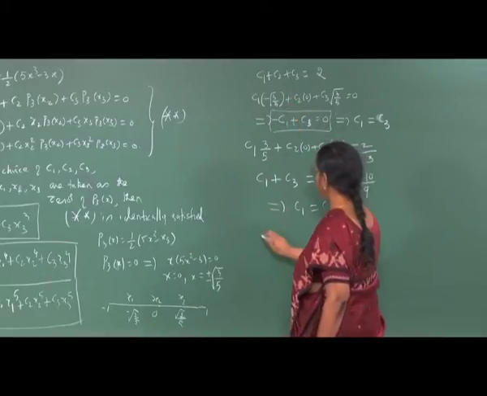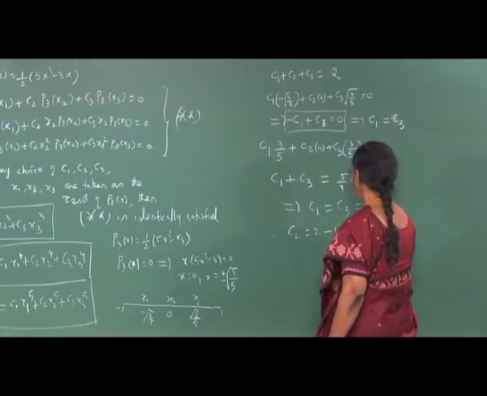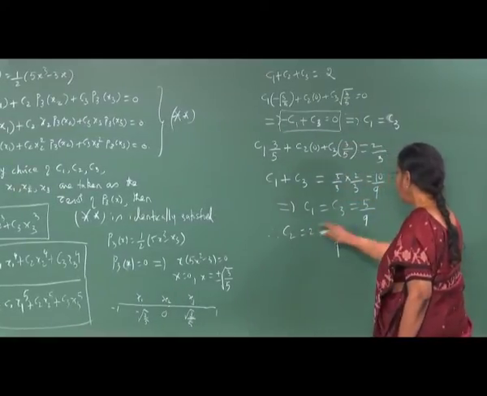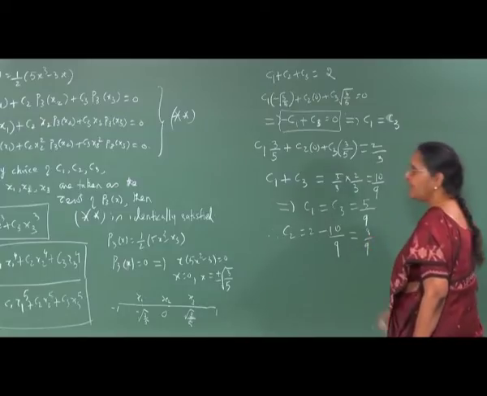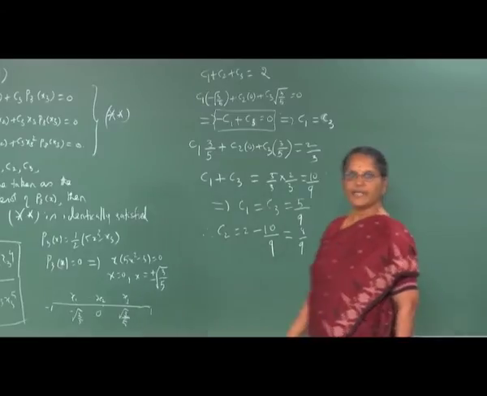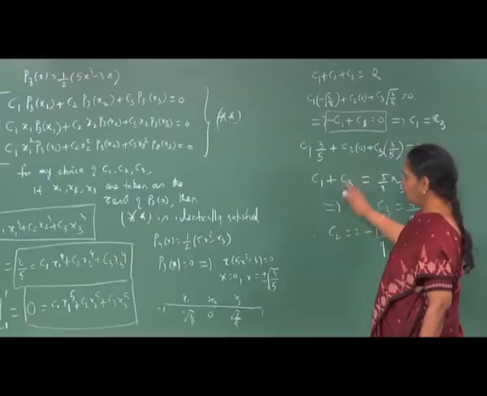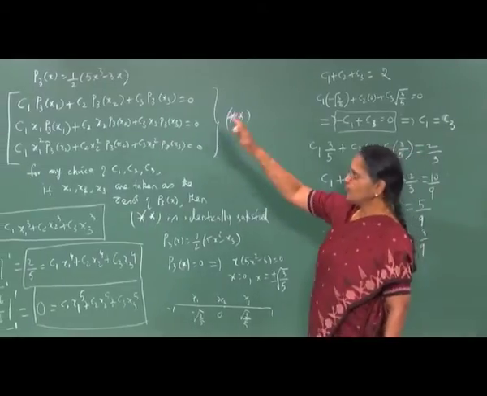Substituting, C2 must be 2 minus C1 plus C3, which is going to be 8 by 9. So, we have been able to obtain the integration method when n is equal to 3, because we have determined C1, C2, C3 and x1, x2, x3.